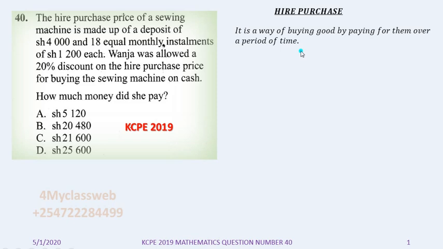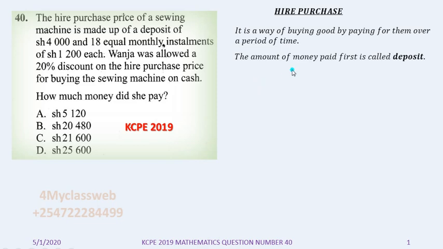What does this mean? You want an item. You do not have all the money that is required, so you agree with the seller. You pay some deposit, a bit of the money, or rather part of the money, and then the remaining money you'll be paying slowly by slowly every month.